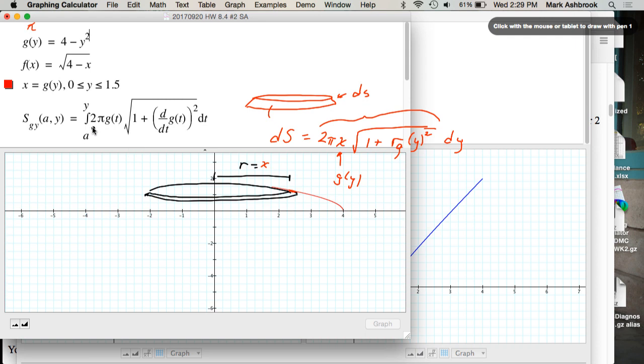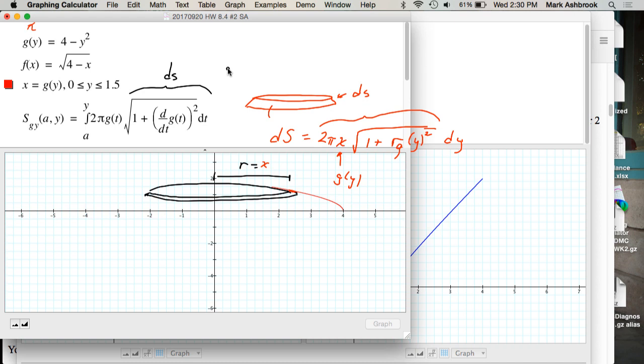Think of this: this is the rate of change of surface area, and then this whole thing now is a little change in arc length. ds is this part right here, including the dy, that's all ds, little s.